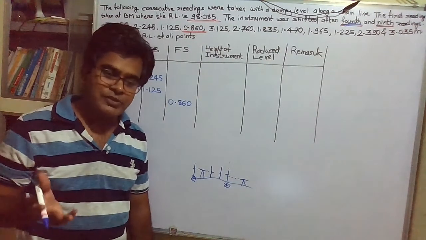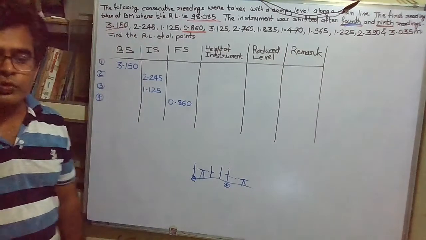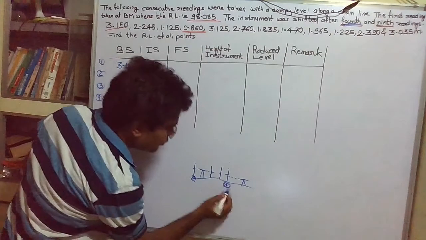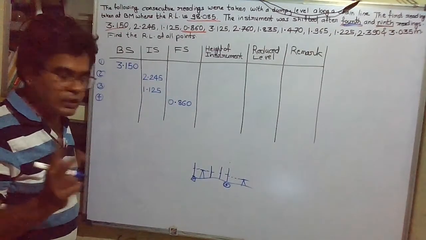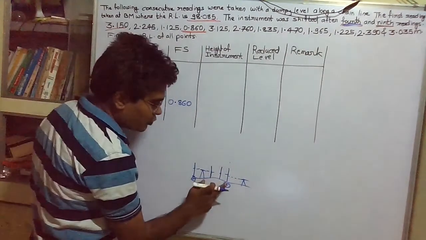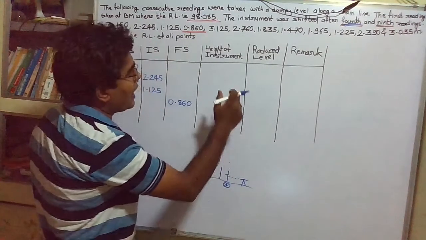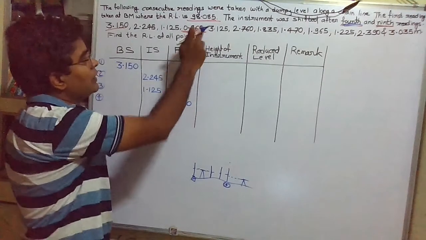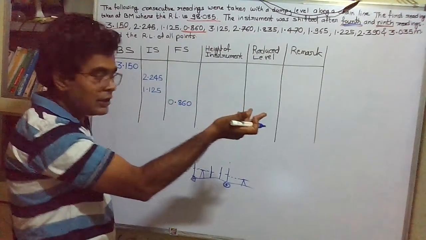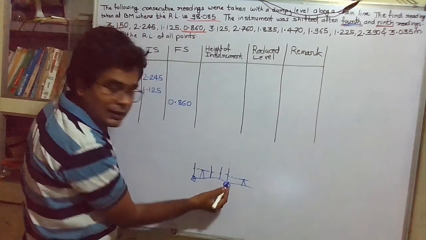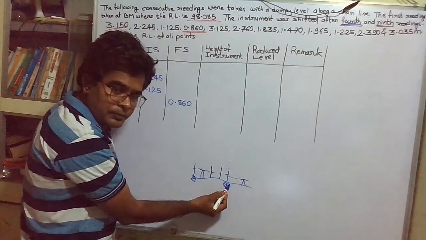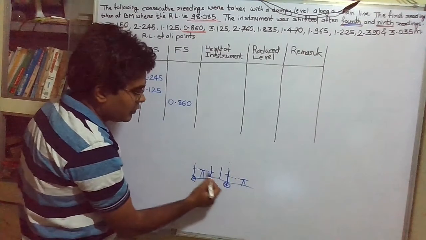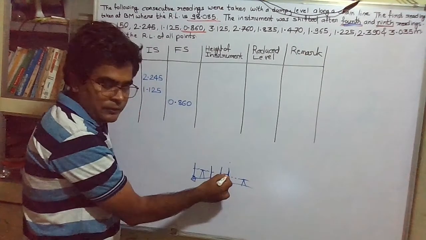So at this point we have taken two readings: from the first setup of the instrument, foresight, and from the next setup of the instrument, backsight. Whatever reading comes after the fourth reading, we take at the same point where we took the foresight. Here we keep the staff, and here we have taken the foresight reading with this setup of the instrument.